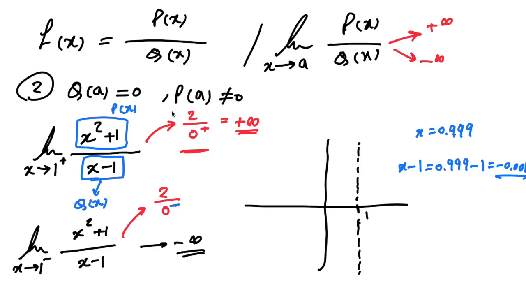The right limit at 1 is positive infinity, so it's going to be something like this, and the left limit is negative infinity, so it is this one. So this function around x equal to 1 is something like this. So it is the second situation, when the value of the denominator is 0 and the value of the numerator is not 0.